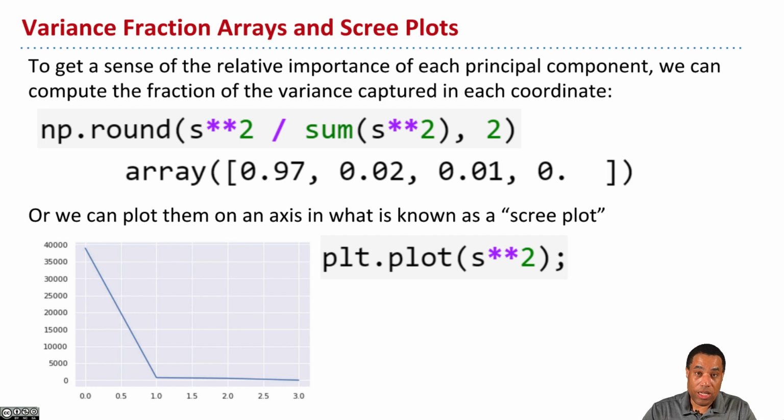Now we can actually plot that graphically. It's called a scree plot, and here's an example of it. And it's an interesting kind of plot because we can see that most of the value is in our first principal component, and the rest of the principal components don't really add all that much additional value.